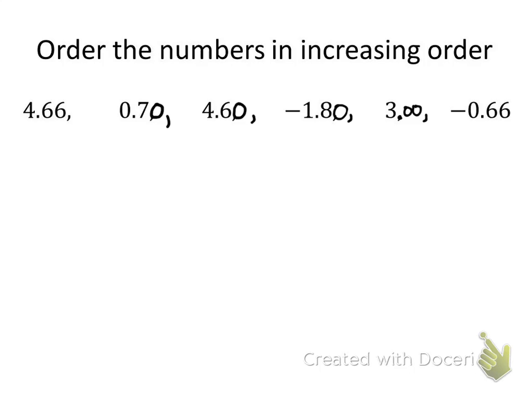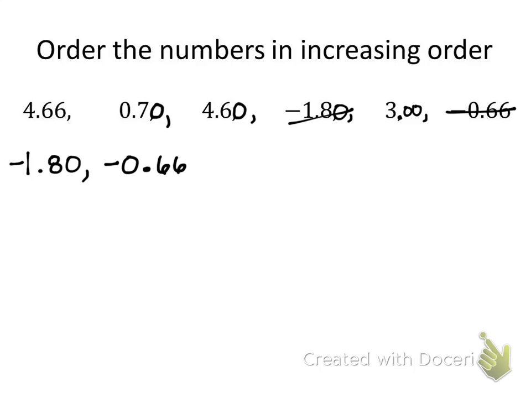So now it becomes a lot easier because I can figure out, okay, the smallest amount of money is going to be what? Negative 180. Exactly, because remember, whenever you're dealing with money or whenever you're dealing with a negative number, the bigger the number is, the smaller it is. What I like to do is I like to cross it off once I'm finished. Okay, then what's going to come next? Negative 0.66.